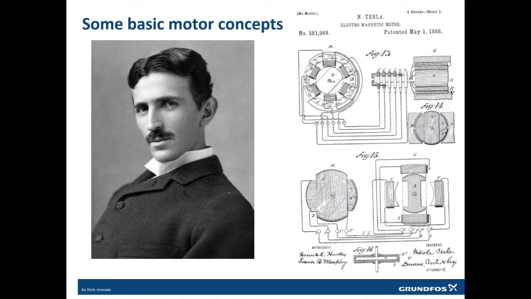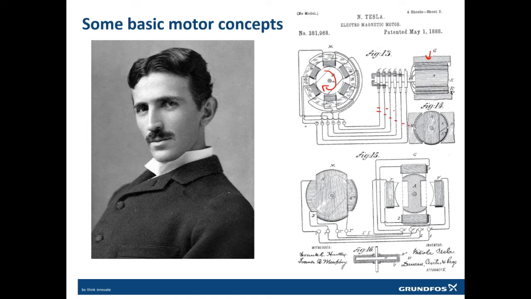Now the concept of the induction motor was given by this gentleman, Nikola Tesla. He gave this concept in 1888, that we can make a small device which can generate rotational movement with the help of electricity. These were all the wires, 6 wires of electricity going inside.